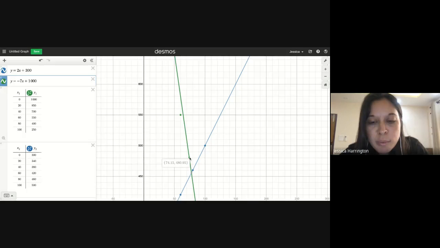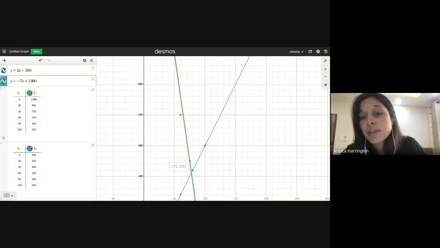So I'm going to find when y is 475. You can see I'm going backwards. I'm getting close. Oops, 475. I'm at 480, 476. Getting closer. There we are. So when the number of people at the amusement park on the green line is 475, it looks like the chance of rain was 75%.